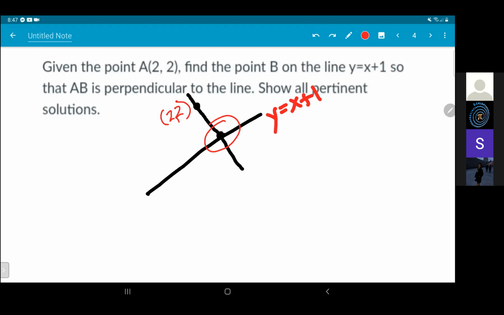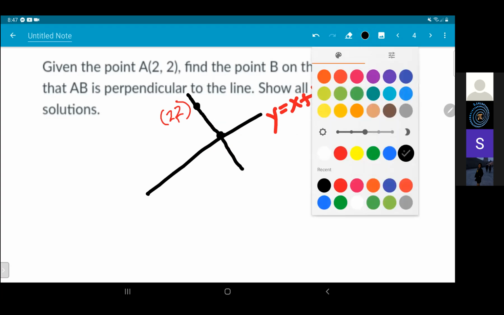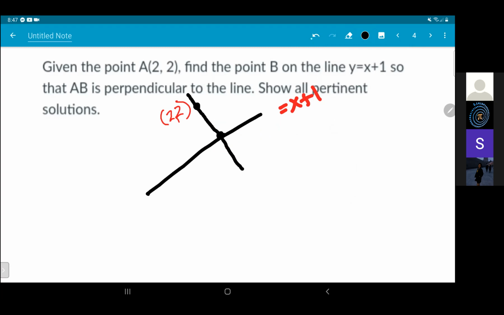So how do we get its slope? The negative reciprocal of the slope of this one. Okay, so its slope is 1.